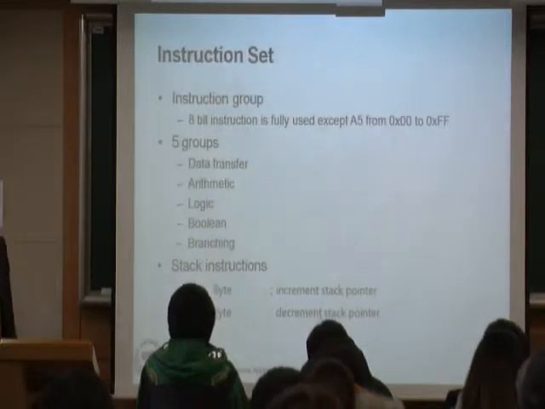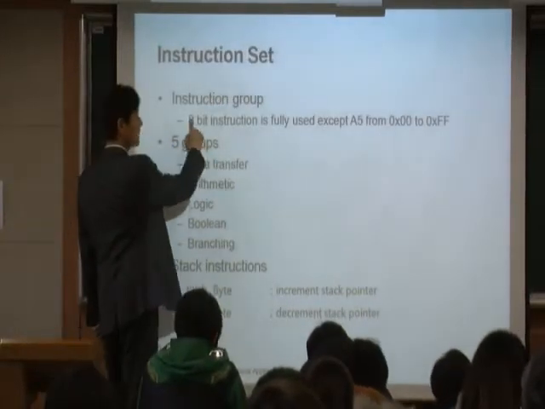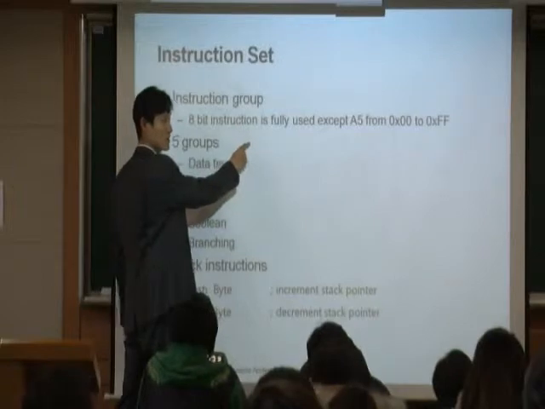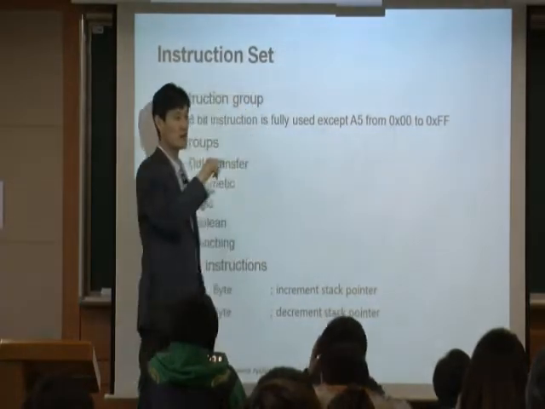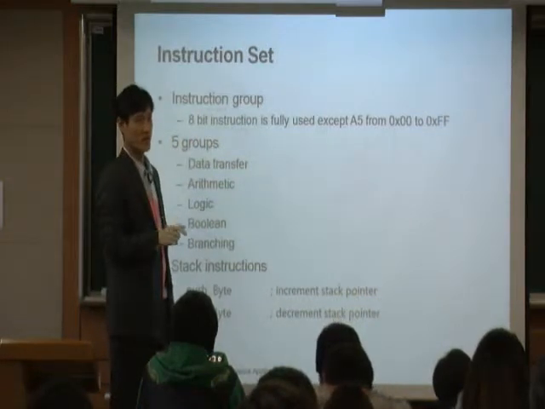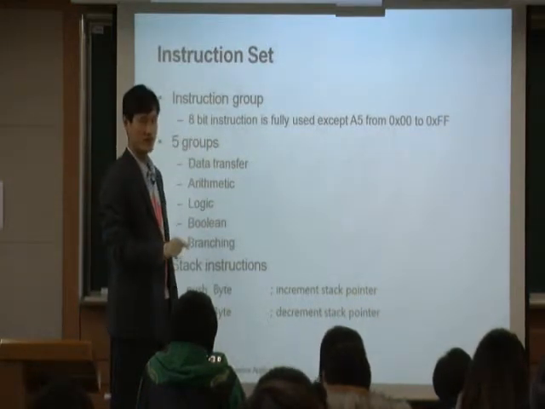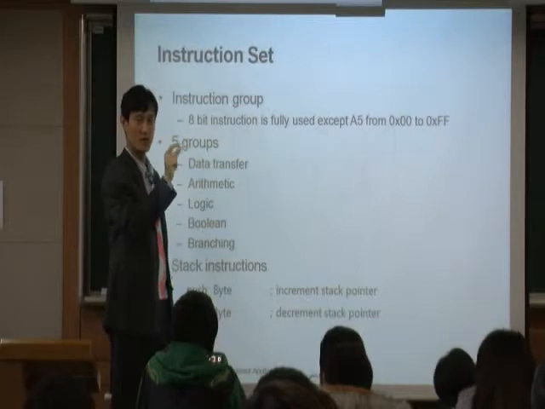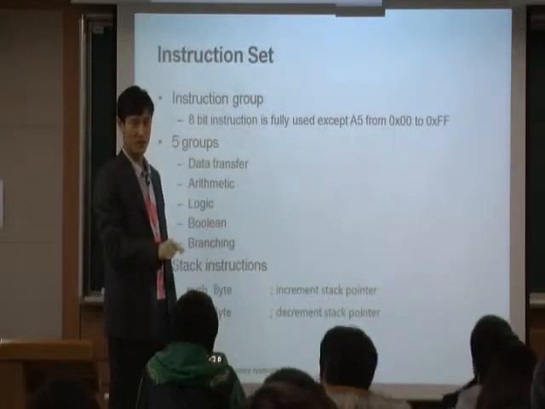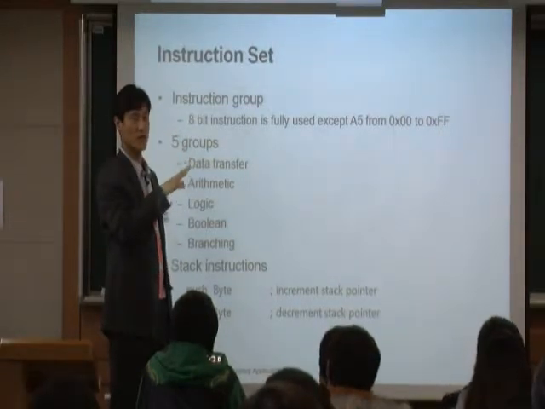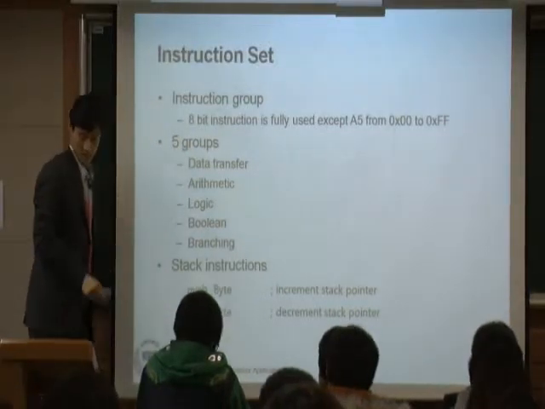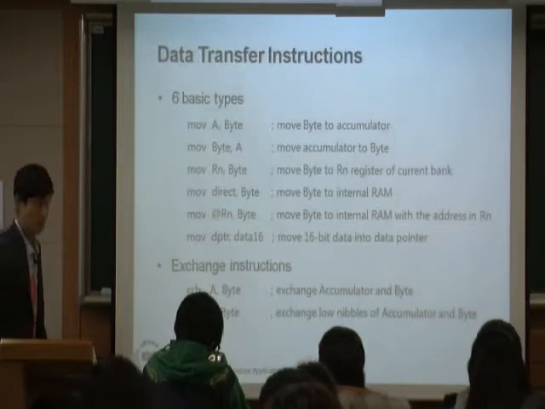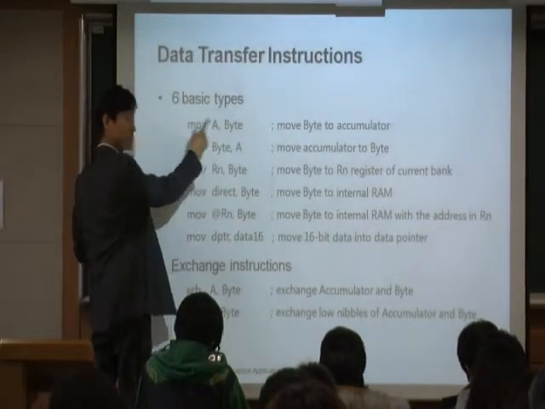That's what I said here, right? We have 8-bit instructions, and except A5, we have 255 binaries from 00 to FF. 00, 01, 02, all the way to FF. We have all 255 different binaries, and each of these types will have a different mapping.